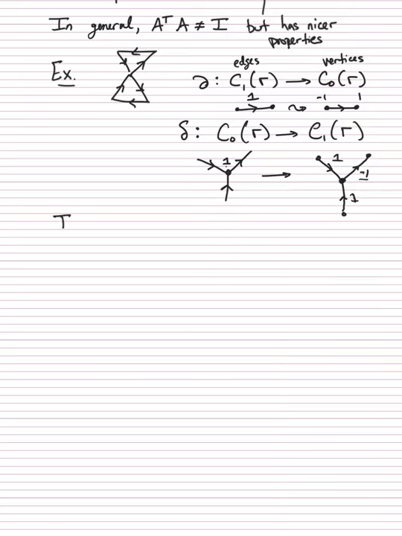It turns out, I'll write it this way, that the boundary is just the transpose of the co-boundary, or the delta. This is usually called boundary and co-boundary, for reasons I won't get into. So these are transposes of each other.